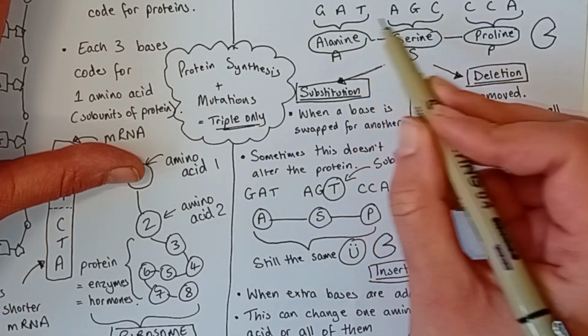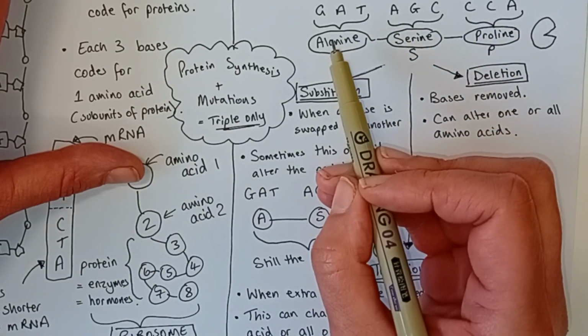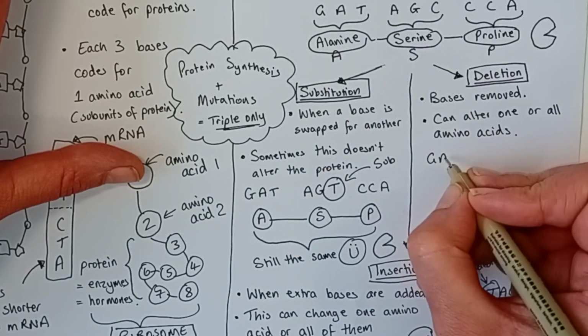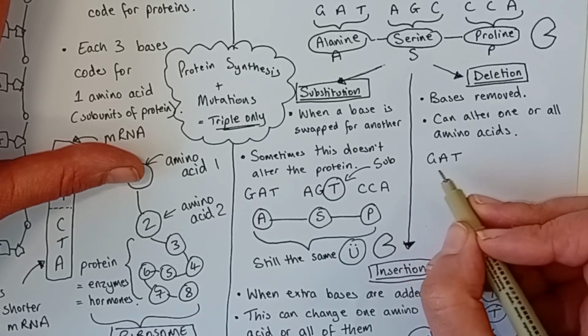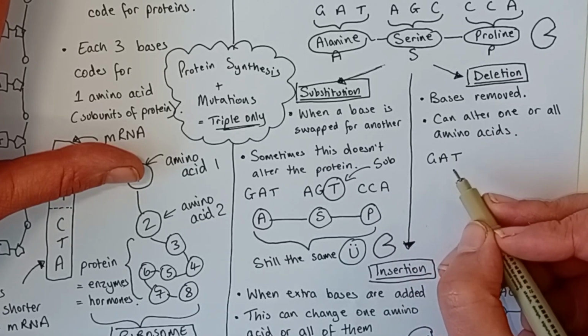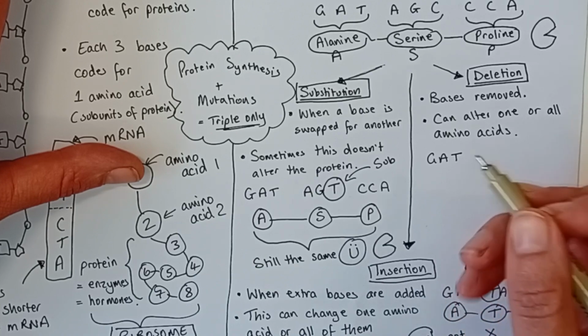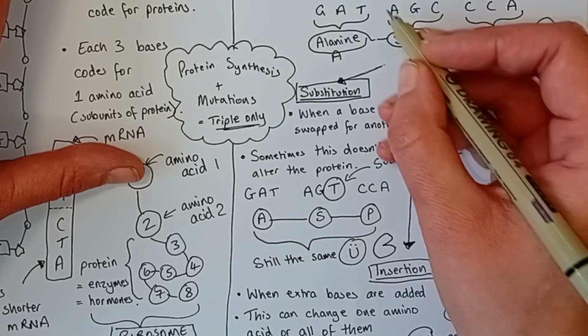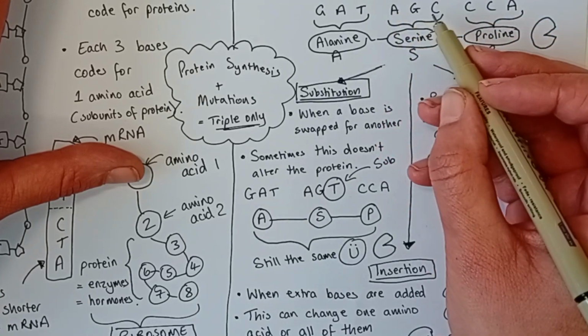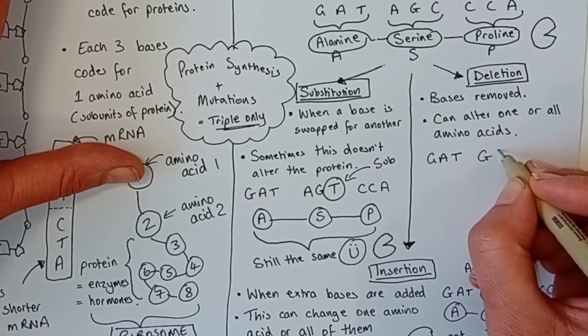So once again, we're going to go back to our original sequence. GAT is our starting triplet, our starting set of 3. We're not going to mutate that one, but this time we're going to delete. Okay, we're going to remove a base. So we're going to pretend that we are deleting that A. So the A is deleted, which means we get GCC for the next one.